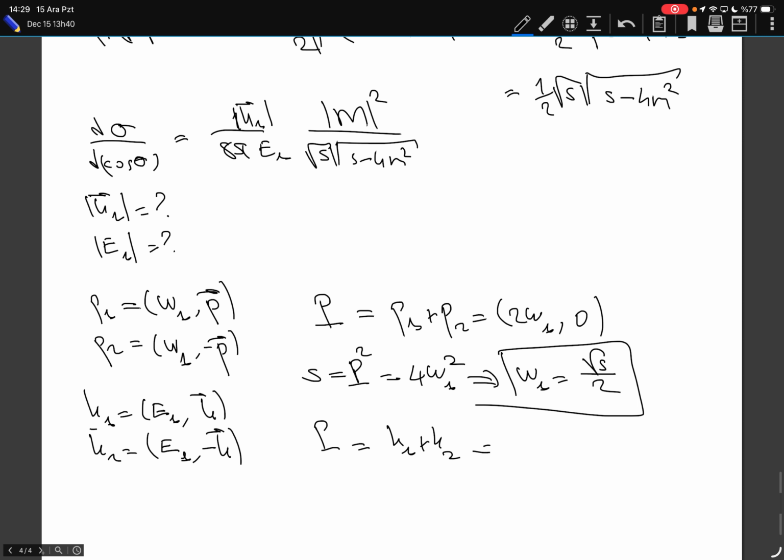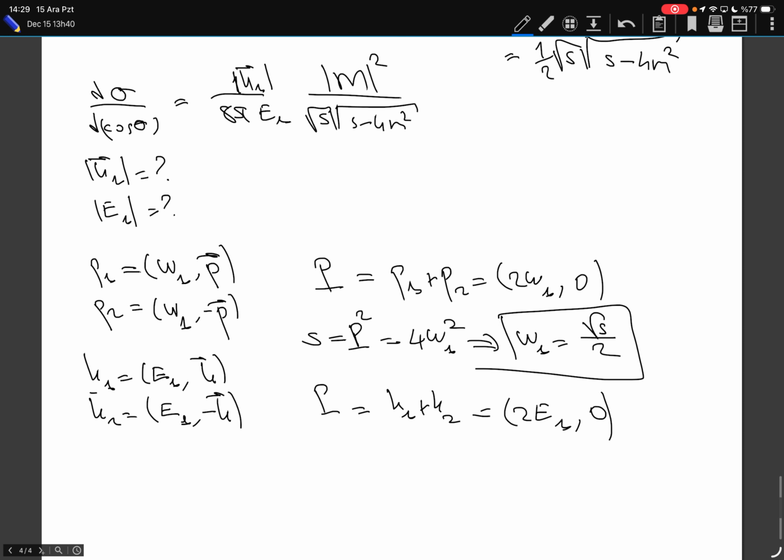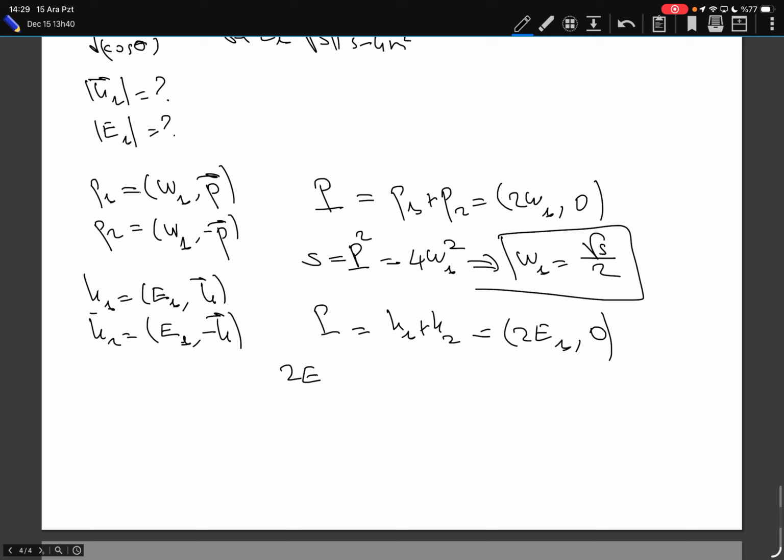So this is equal to 2E1, 0. And 2E1 has to be equal to 2 omega 1. E1 is equal to omega 1, which is square root of S over 2.